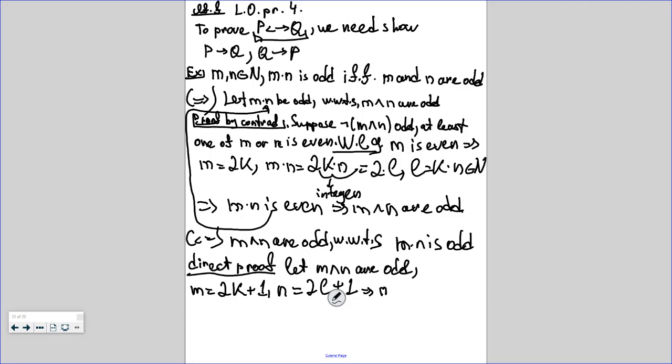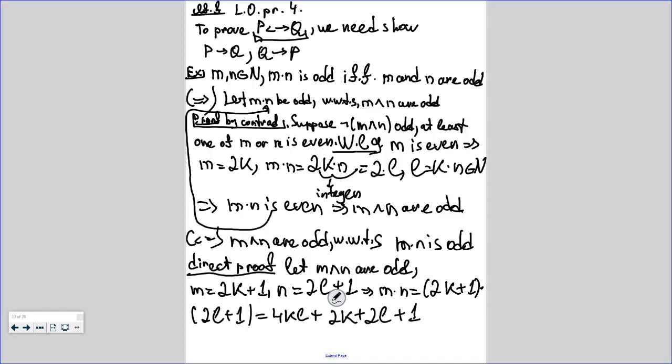From here, m multiplied by n is 2k plus 1 multiplied by 2l plus 1, which, if we multiply, we get 4kl plus 2k plus 2l plus 1.